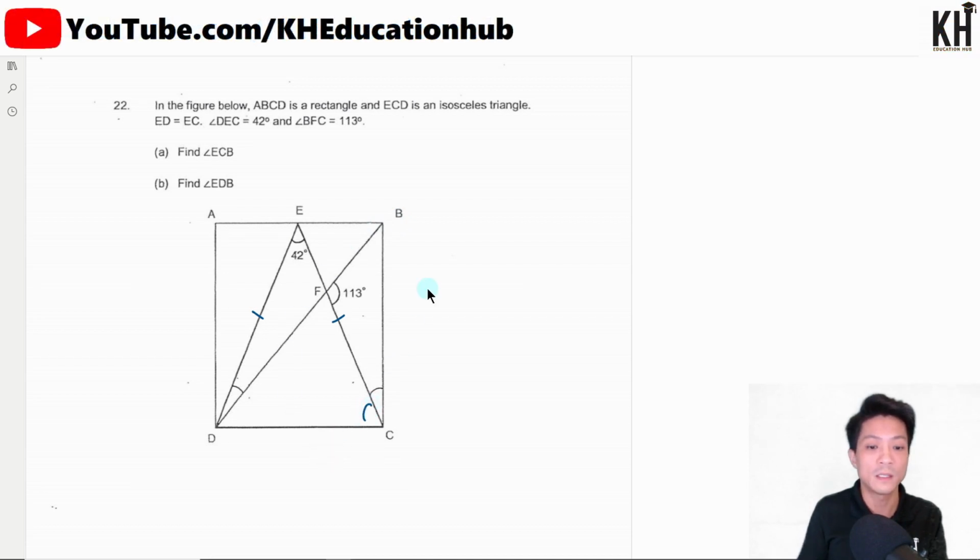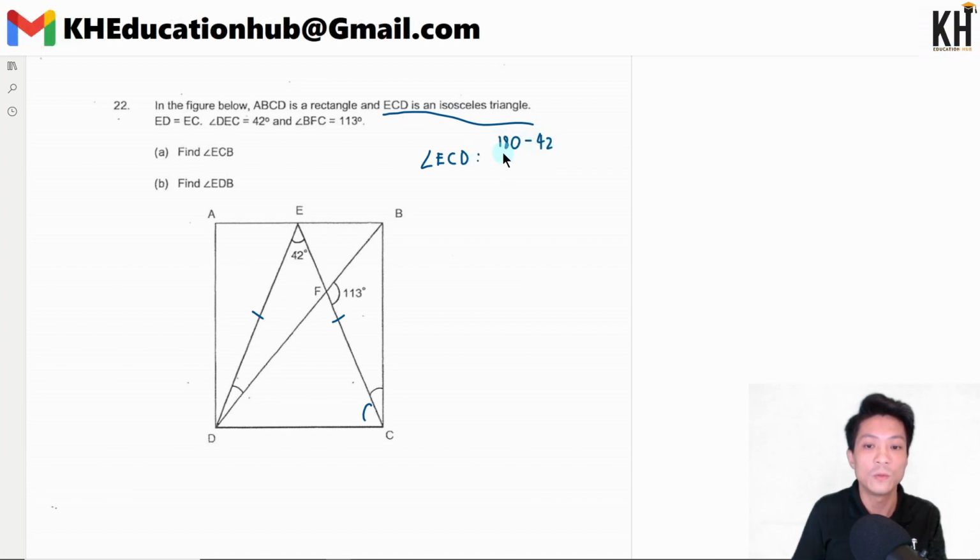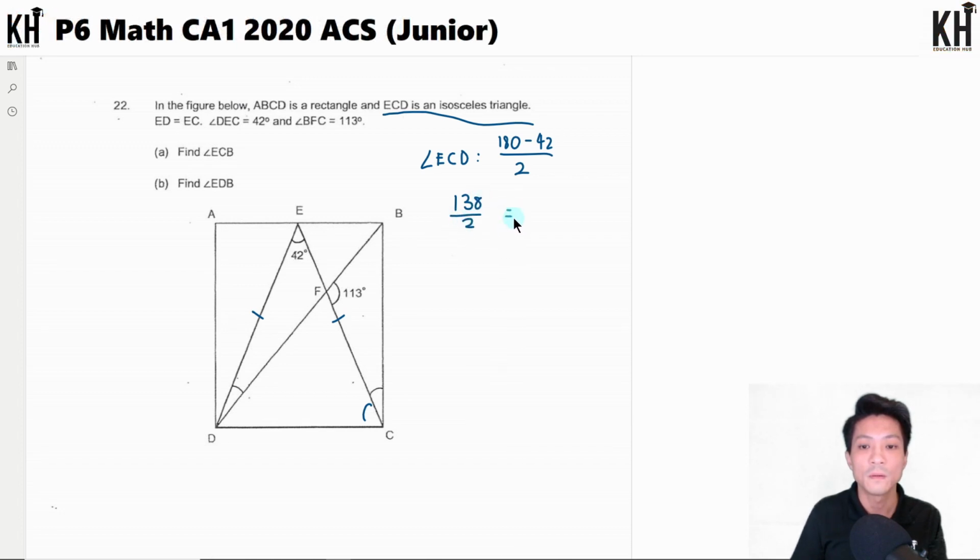We can find this angle here first because you realize that ECD is an isosceles triangle, right? So to find angle ECD, you can use 180 minus 42 and then divide it by 2. So 180 minus 42 will give you 138. 138 divided by 2 will give me 69 degree.